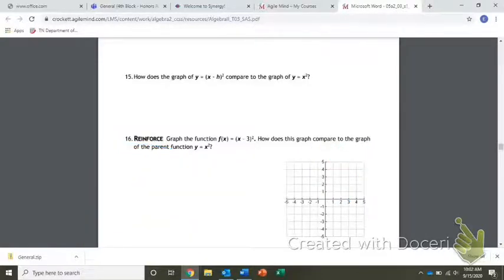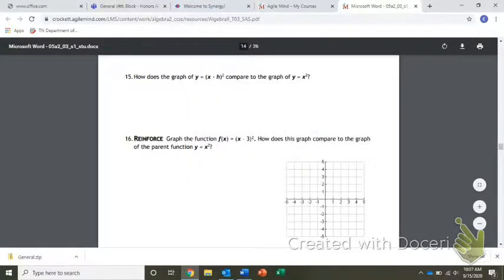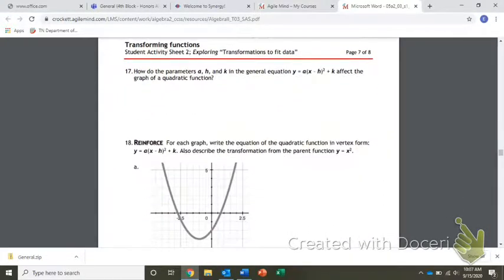Now, I want us to go to number 17. And it says, how do the parameters a, h, and k of the general equation y equals a times x minus h squared plus k affect the graph of a quadratic function?